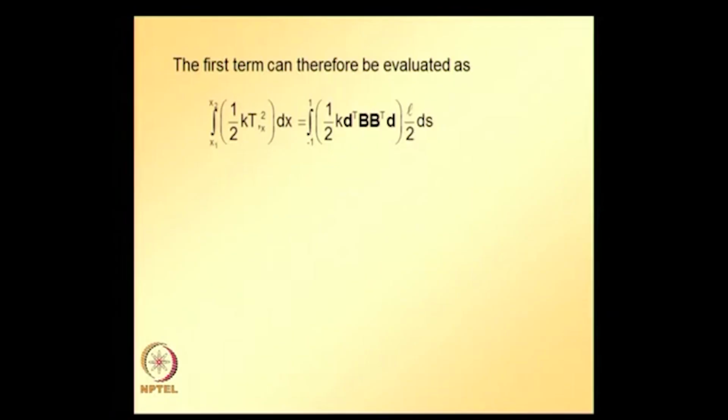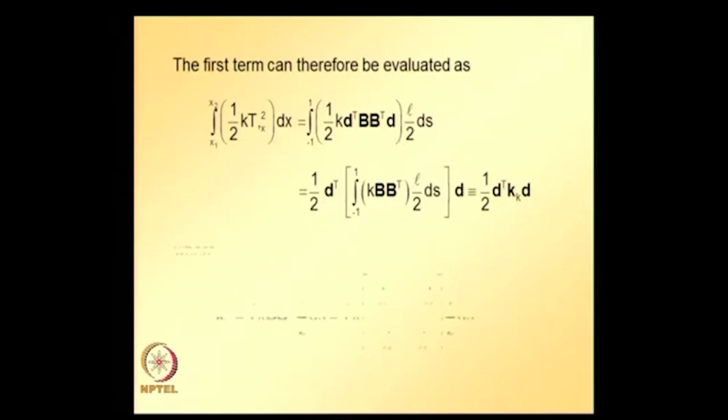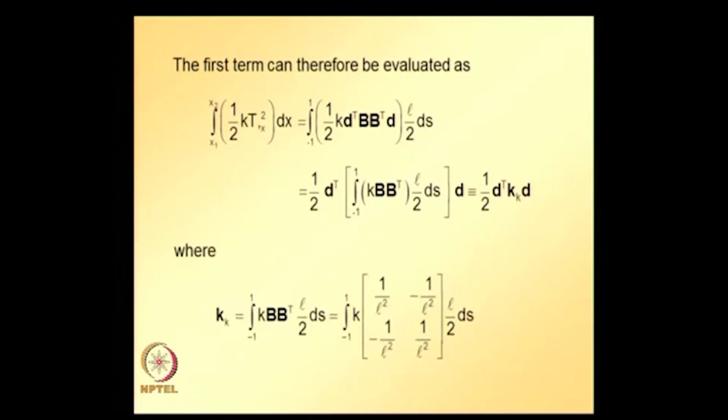So d transpose and d can be taken out of the integral, and defining Kk as the integral of k times B transpose, L over 2 ds, integrated between -1 to 1, and carrying out the multiplication of B transpose, this can be further written in the way it is shown.